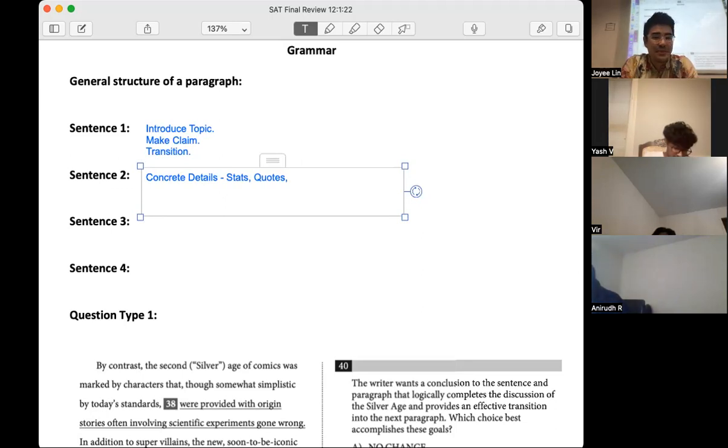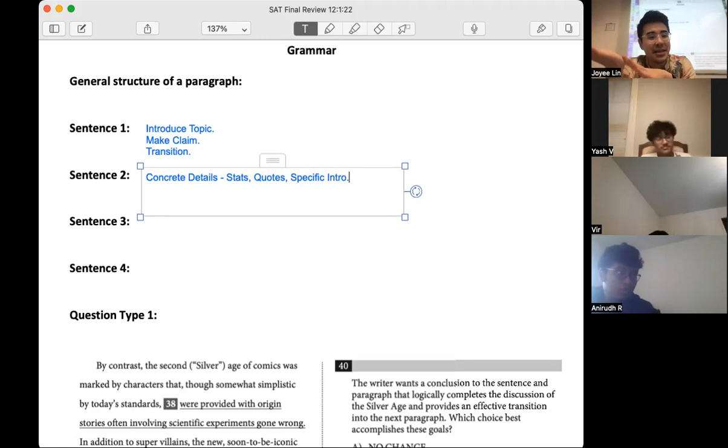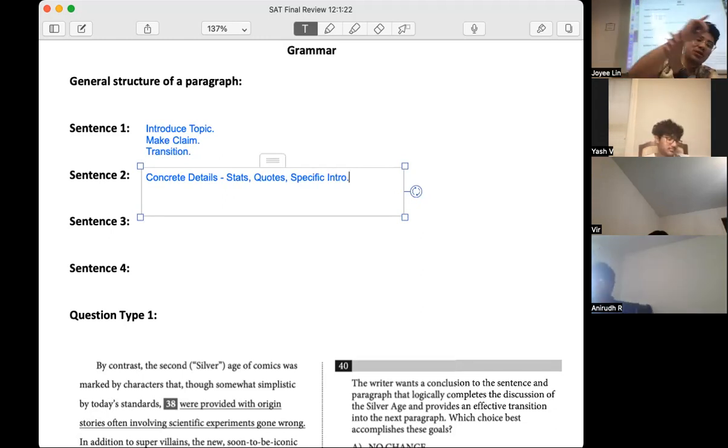Specific examples, specific info, right? The purpose of the second sentence is typically to support the sentence that comes before it. So on the reading section, you go back to find the claim sentence. On the grammar section, you want to make sure you plug in a very narrow sentence with something very specific. Okay, then what do we do afterwards?